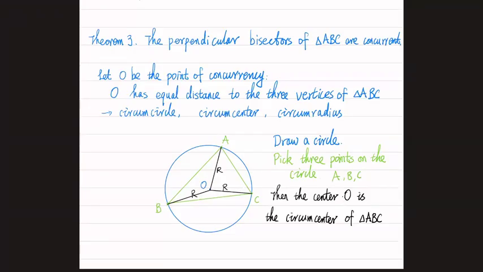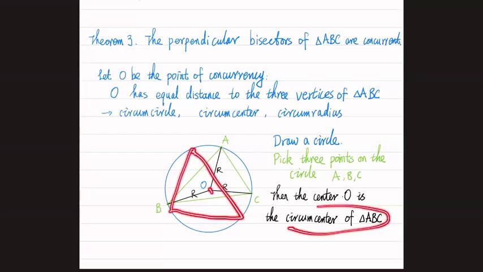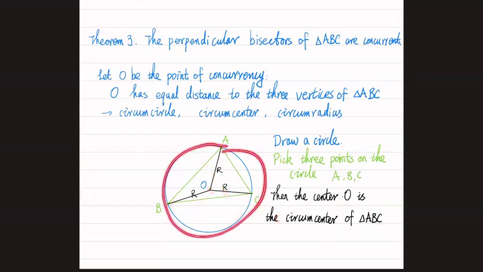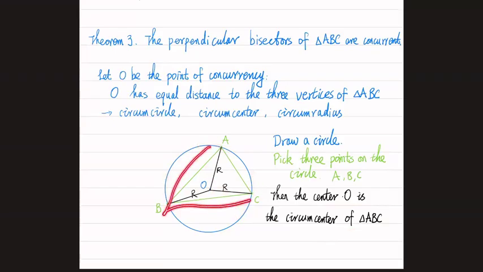So an interesting feature of this is that for any triangle on the circle, it has the same circumcenter. It's the center of this circle. You can move the points around. You can move A to here, you can move B to there, you can move C around. The resulting triangle will have the same circumcenter.